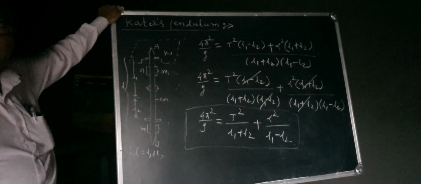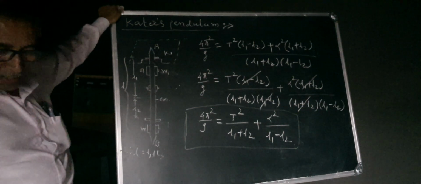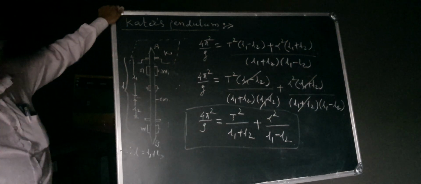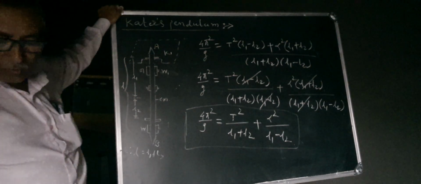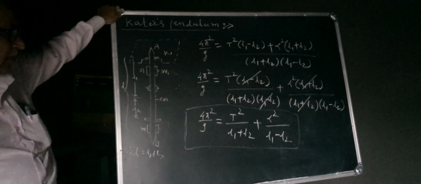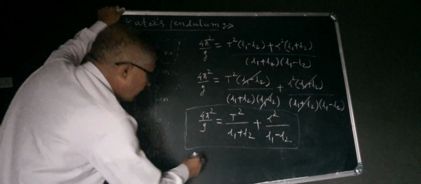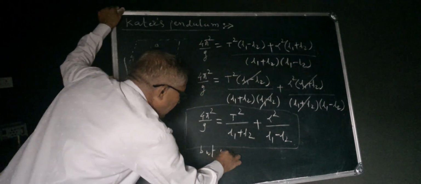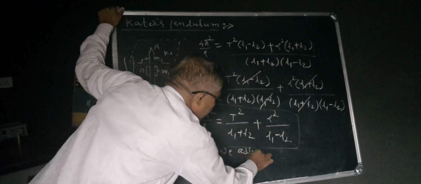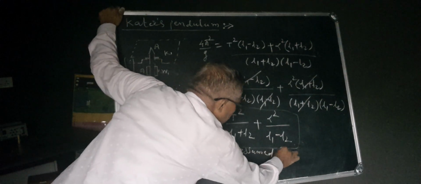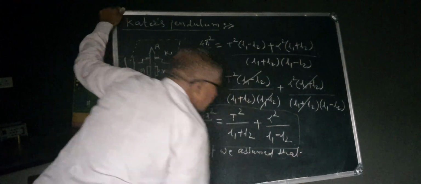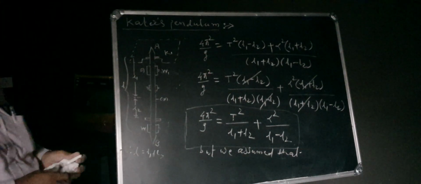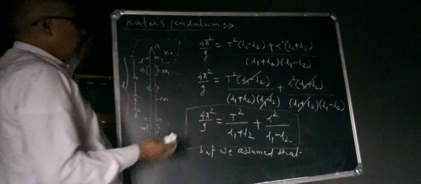The time period T1 square equals T square plus alpha, and T2 square equals T square minus alpha.